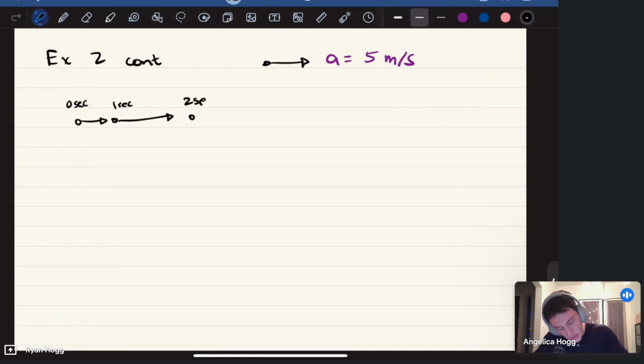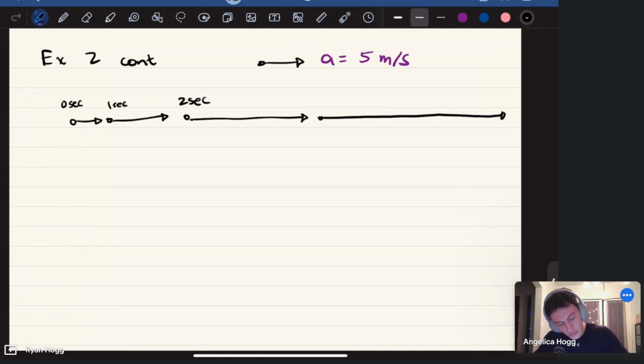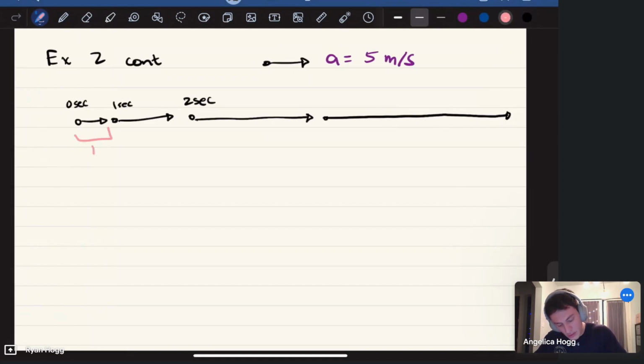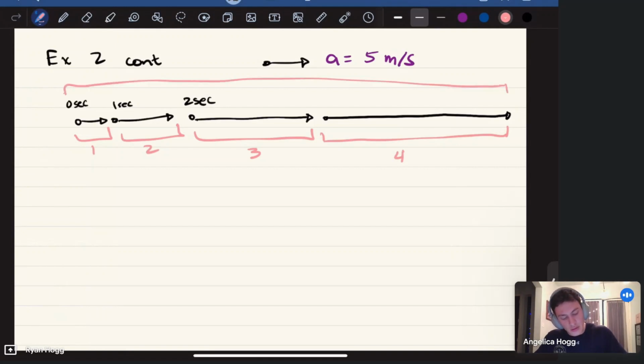And then at the 2-second mark, he's going to cover more. And then at the 3-second mark, he's going to cover a lot more. This is 2 seconds have passed, this is 3 seconds, this is 4 seconds have passed. And this is how much distance has passed. So the bottom is seconds, the top is still in meters. So that's your car accelerating in a straight line.